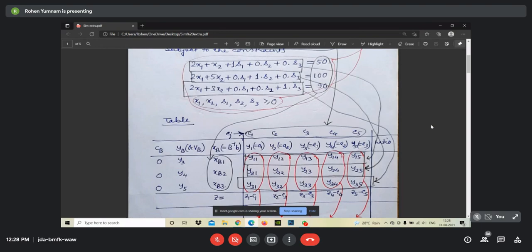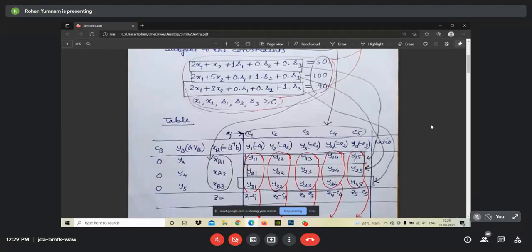And then Y3 or E1. Here it is called A1, A2, but here it is called E1 because these are the coefficients of the first slack variable, which is added in the first constraint. In the second there will be no value, and in the third there will be no value, and that is why this is called E1. E1 means the first vector of the identity matrix. E2 we will call the second vector, and E3 the third vector of the identity matrix.